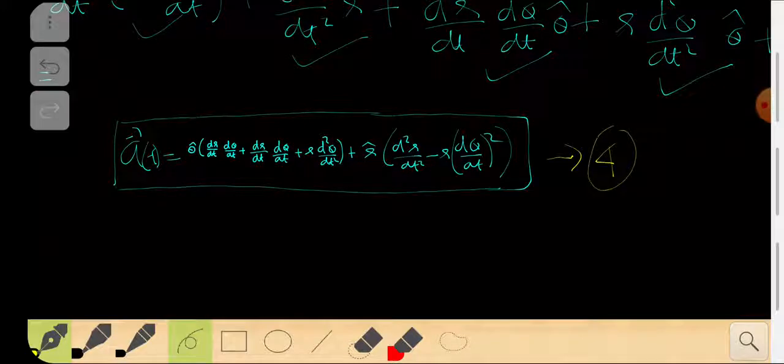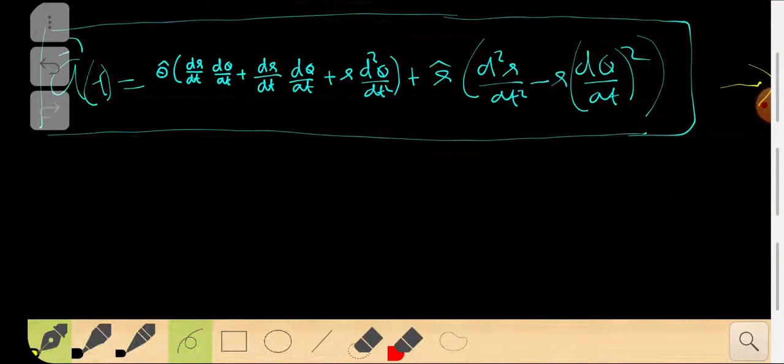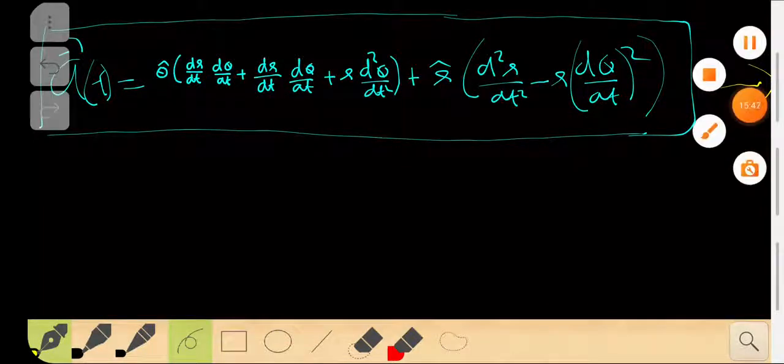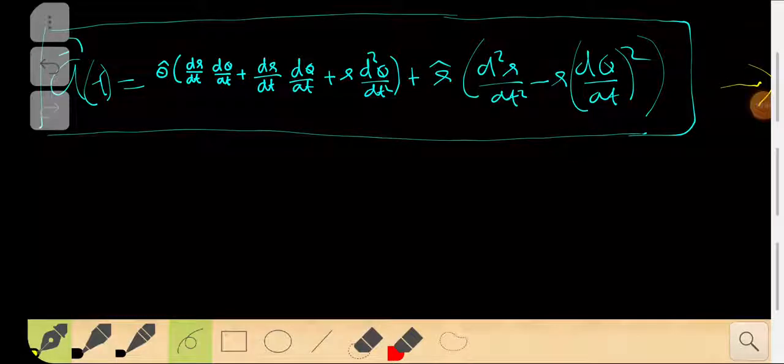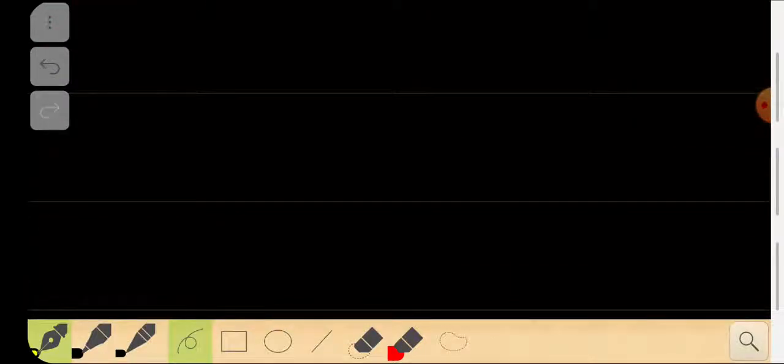Let's write down the components. Remember the velocity vector had two components, in the theta cap and the r cap. Also acceleration now has theta cap and r cap components.